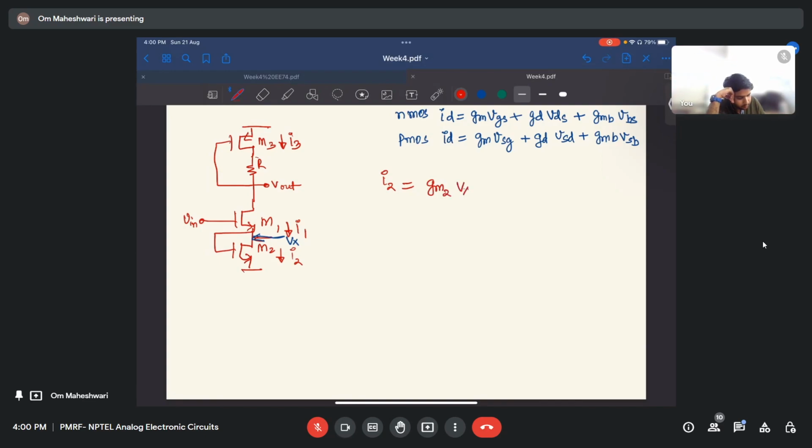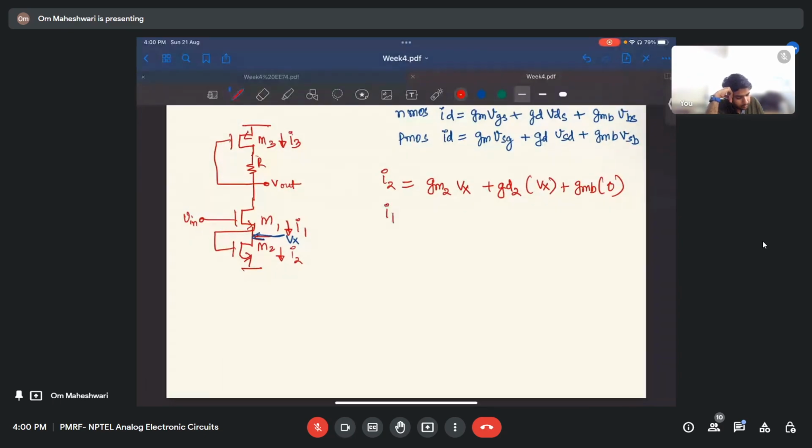VG is Vx. GD2 VDS is also Vx, plus GMV is 0. Vs is 0. I1 is GM1 (Vin minus Vx) plus GD1 (Vout minus Vx) plus GMV Vx.